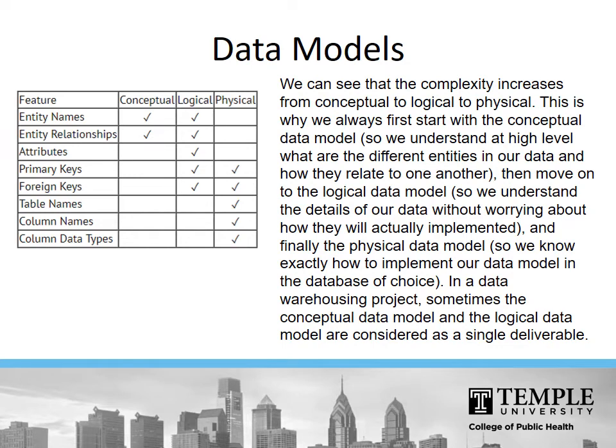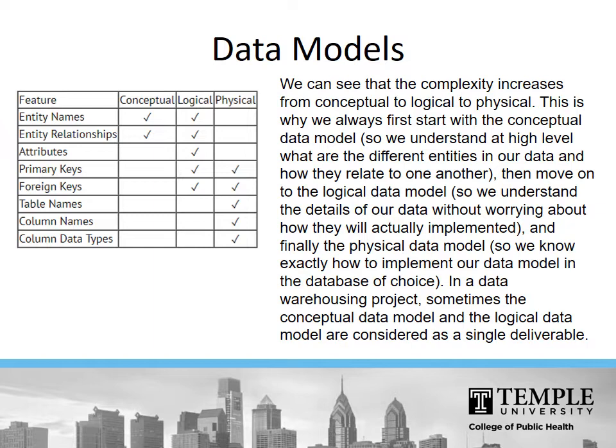Data models. Typically there are at least 2 and sometimes 3 data models that are done before a database is created. The first one would be a conceptual data model. If we think about conceptual, we think about very high level, broad terms: what types of data would be needed for this project, where it would come from, and what the relationships would be.